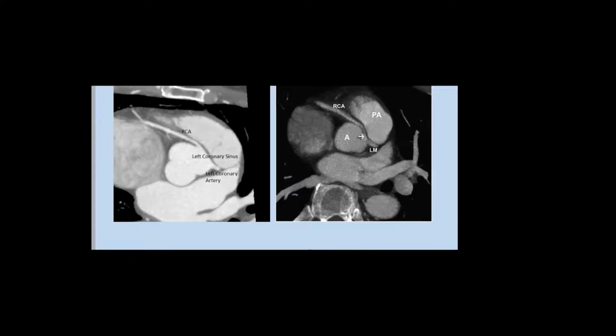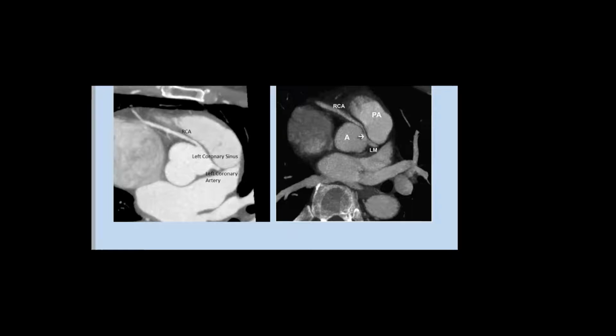Compressed, or you can say a slit-like origin and acute angulation. That is more important. Some people think it's more important than the course. The course itself is not malignant. It's the origin which decides about the malignancy, if it's angulated and if it's slit-like.